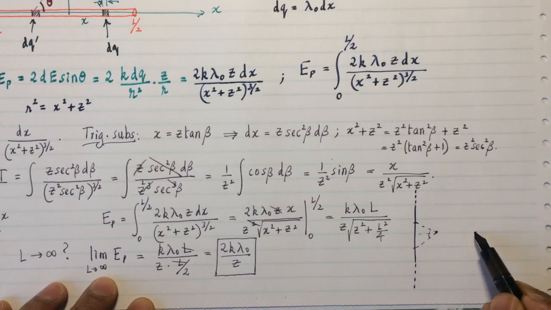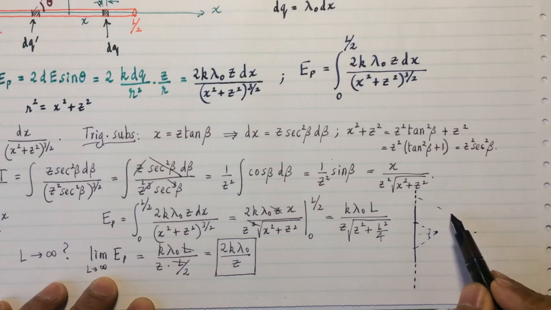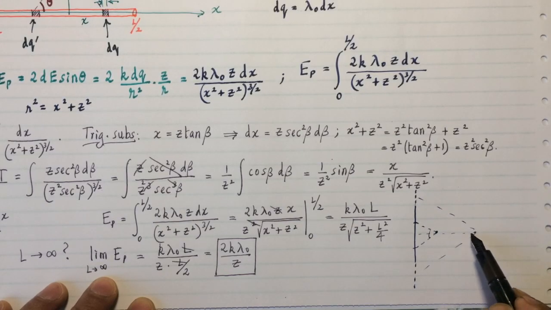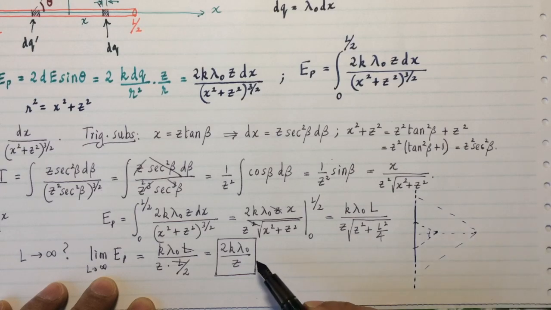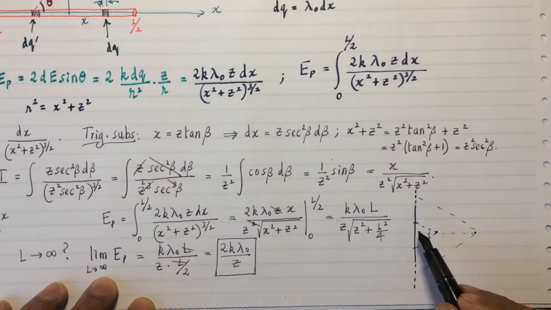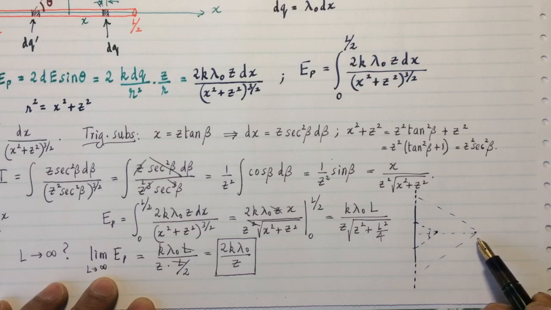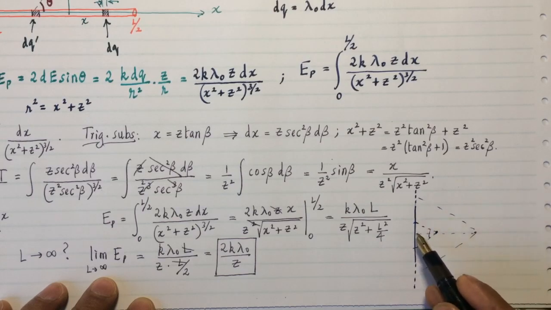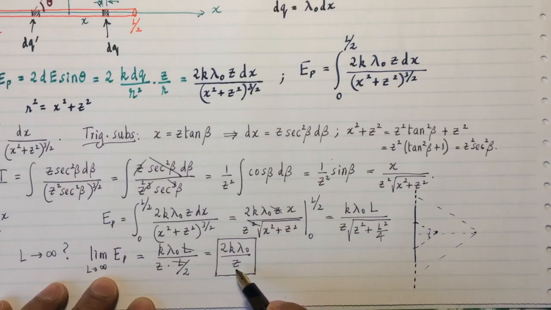If I go far away from it, I'm going to see a bigger portion of the line charge. So definitely it's not going to fall off as quickly as it would if it were a point charge, because I'm seeing more of the line charge. But the fact of the matter is that I'm still far from it, so I'm going to lose some of the effect of each particular line charge element from being far away from it. So that's the reason why you have 1 over z instead of 1 over z squared.